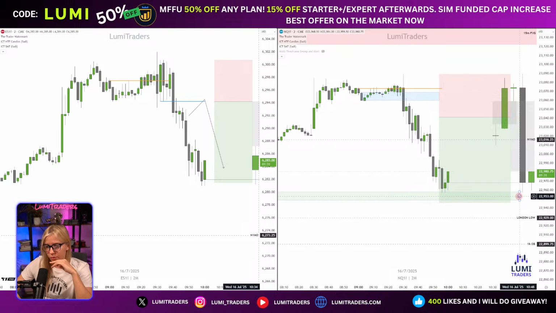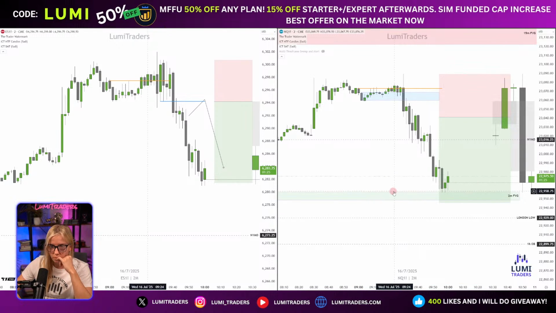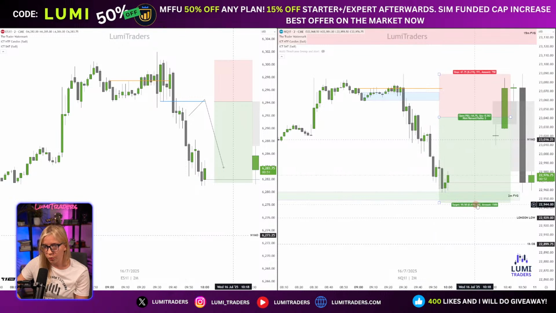Nice reaction from the 2-minute fair value gap over here. I cannot say I saw perfect setups today. Honestly, it was kind of choppy at the open, before market open, then immediately sold off at market open.